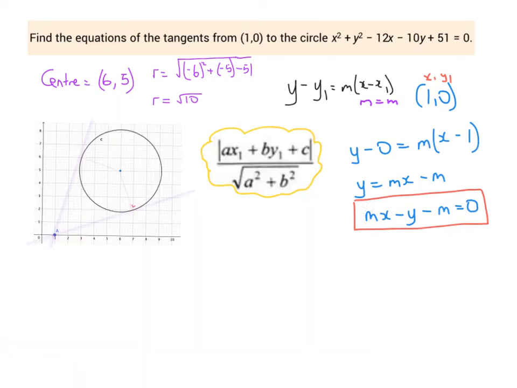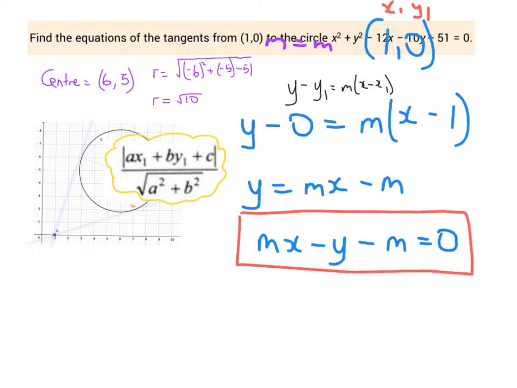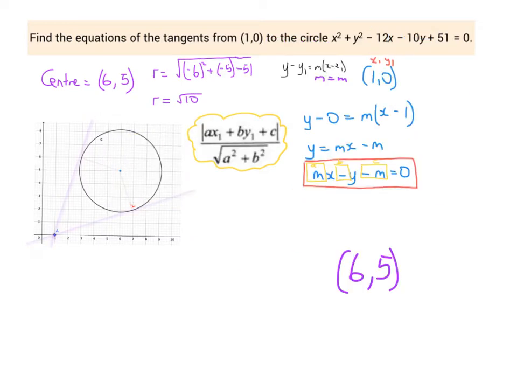Okay, so subbing into our formula now, I'm just going to label here, we have a is m, b is minus 1, and c is going to be minus m. And it's our distance from these equations to the centre, so we're using the centre as our x1, y1. Okay, and so that's what we're going to sub into.